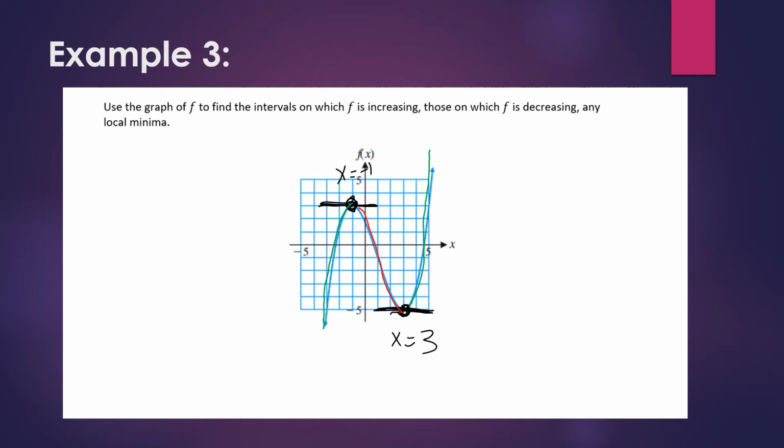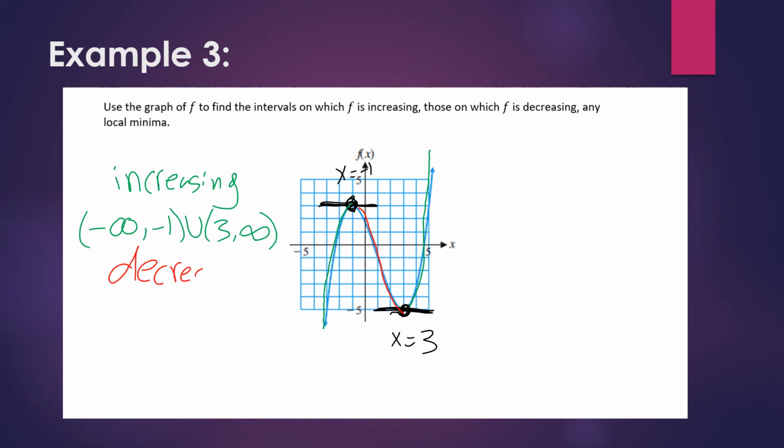So increasing, we are increasing from -infinity to -1, and then also from 3 to +infinity. We are decreasing from -1 to 3.